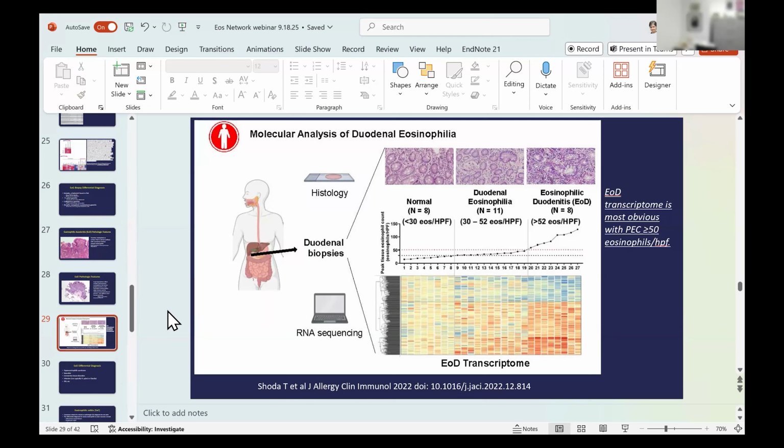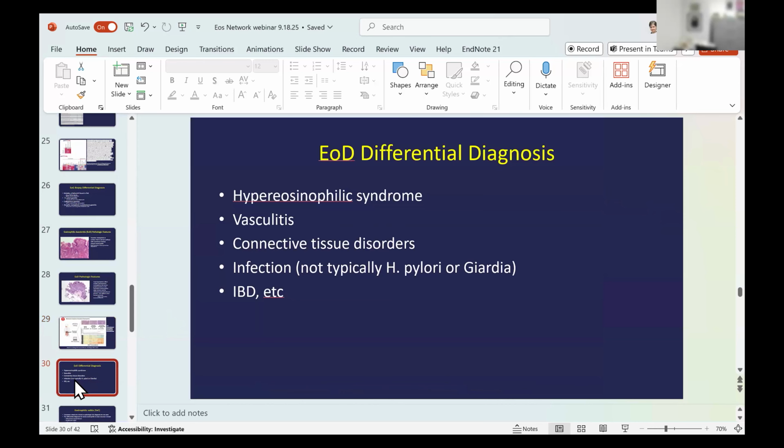That transcriptome becomes more and more apparent at around 50, 52 eosinophils per high power field. So the recommendation that we saw earlier for a cutoff of 50 as a marker for eosinophilic duodenitis is probably a good starting place, at least, for exploring eosinophilic duodenitis more.